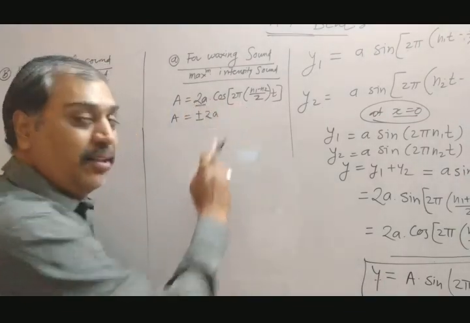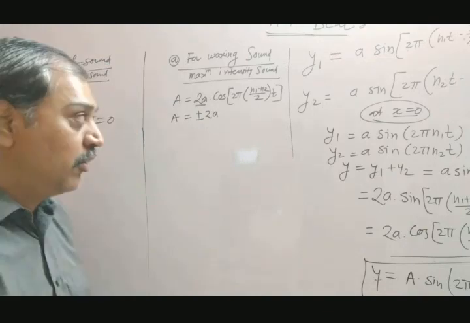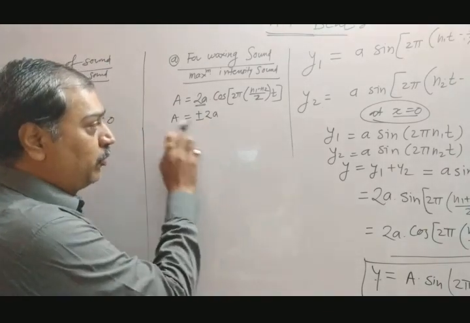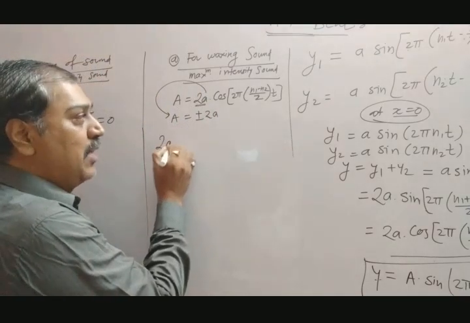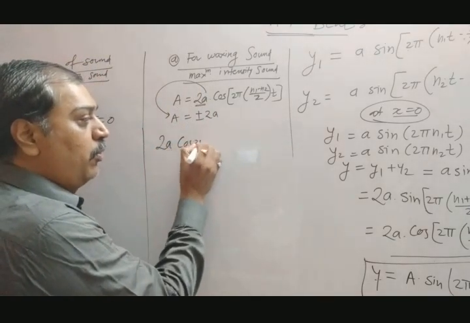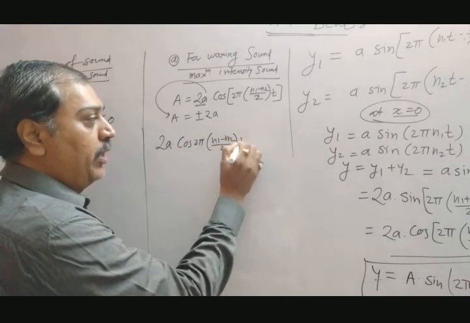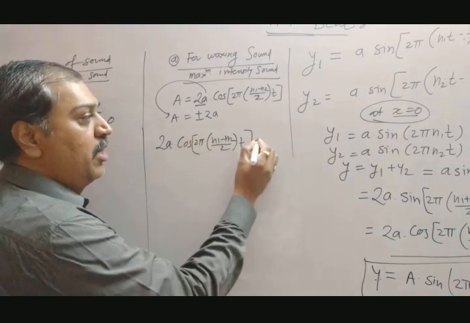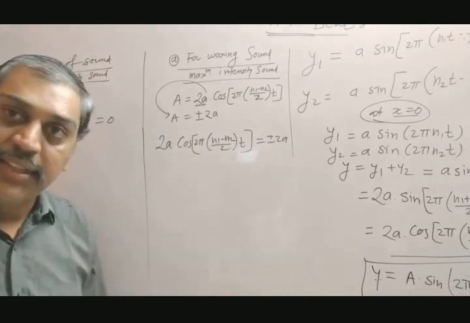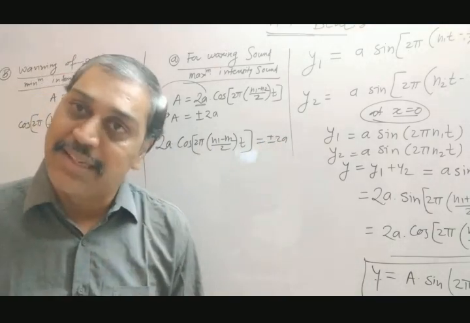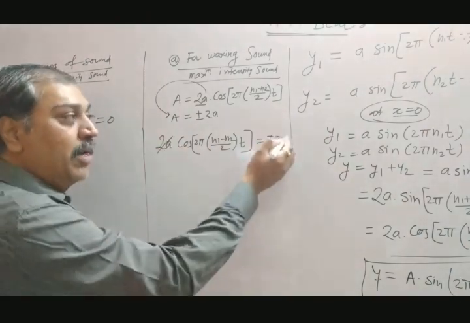It is twice A cos of 2 pi (N1 minus N2) divided by 2 into T. So if capital A equals plus or minus 2A, put the value of capital A in this equation: twice A cos of 2 pi (N1 minus N2) divided by 2 into T equals plus or minus 2A. Then and only then is the sound heard by the observer maximum. Divide both sides by twice A, so this 2A cancels with this 2A.